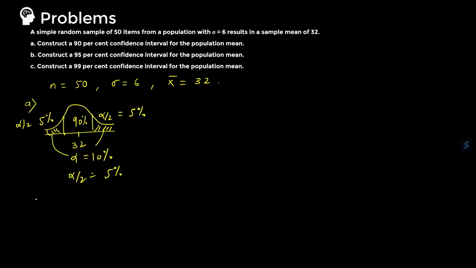Now the next step is to calculate the margin of error. The margin of error is going to be Z alpha by 2 into sigma x bar, which is Z for 0.05 into sigma by root n, where n is 50. This is how you can calculate the margin of error.